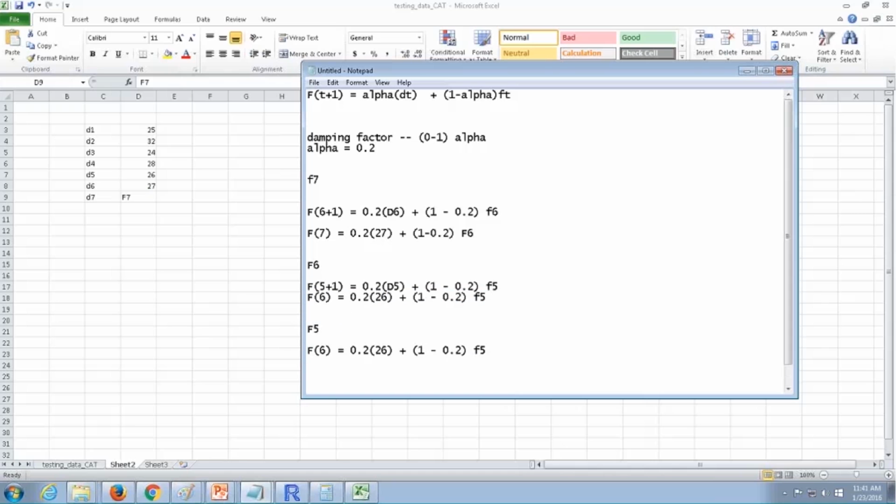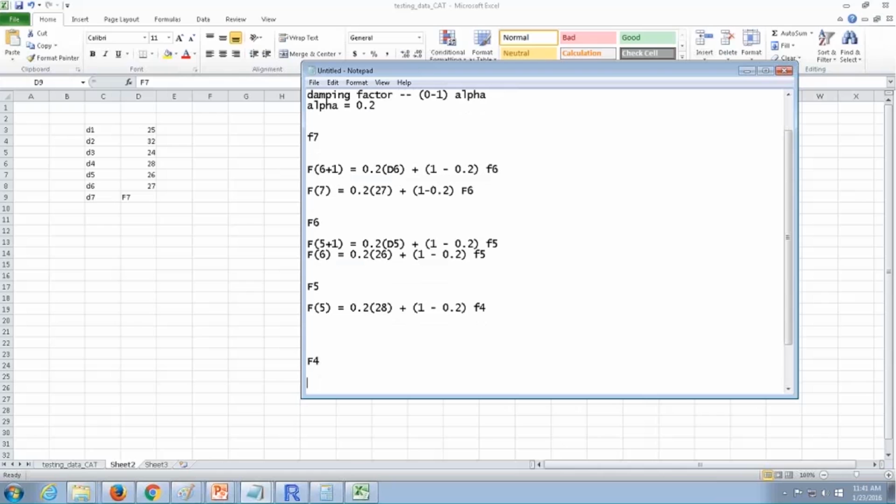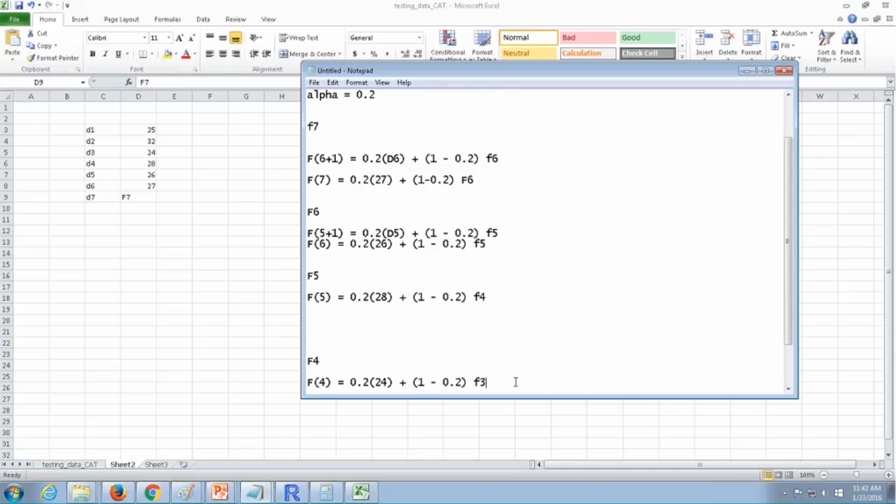For F5 this should be the formula. Instead of 26 it would be 28, and this would be F4. And now I need to get F4. So clear with this process what I am doing?